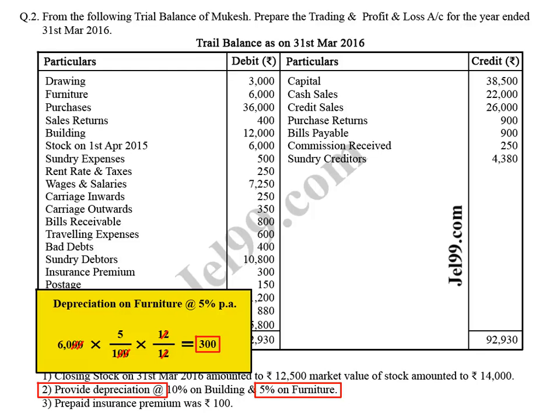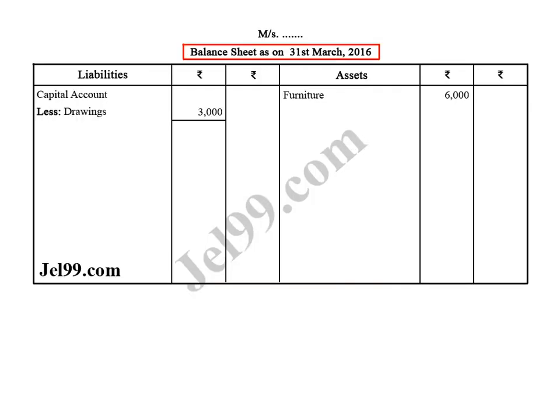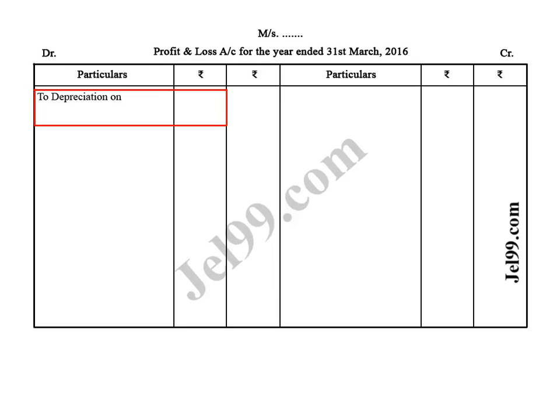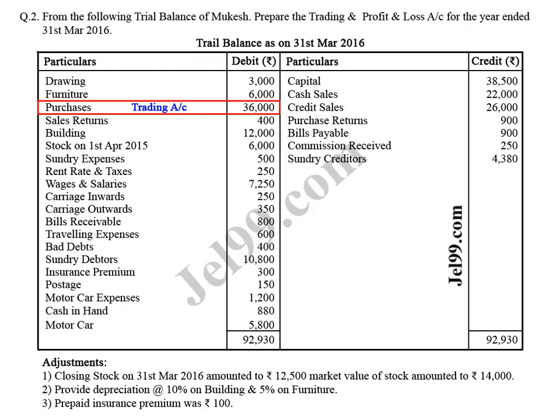This is shown in balance sheet. Assets side, less from furniture as less depreciation of rupees 300, so 6,000 minus 300 is equal to 5,700, and its second effect is shown in profit and loss account. Debit side, to depreciation on furniture of rupees 300.